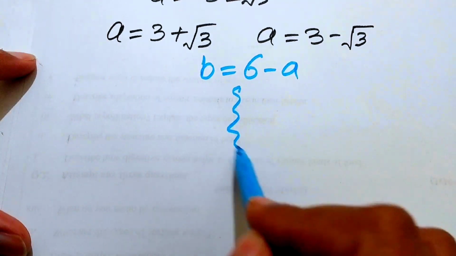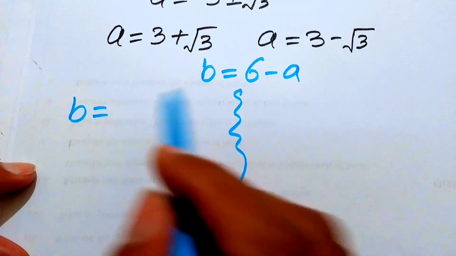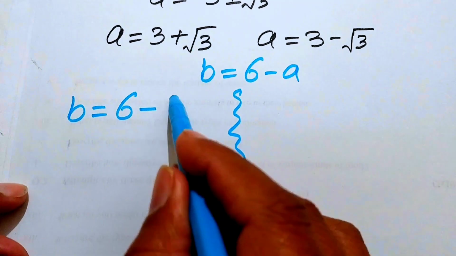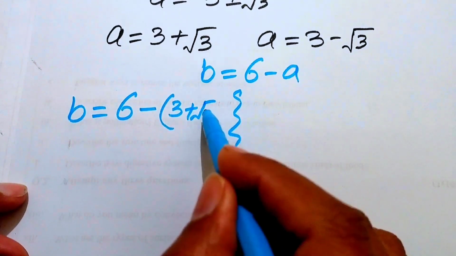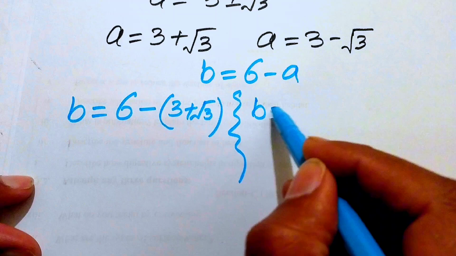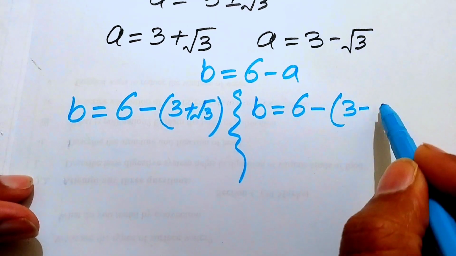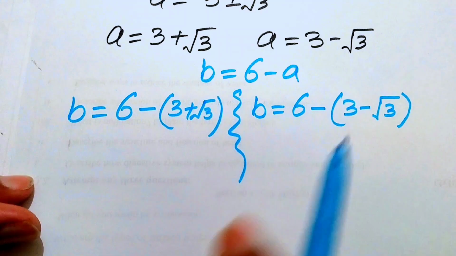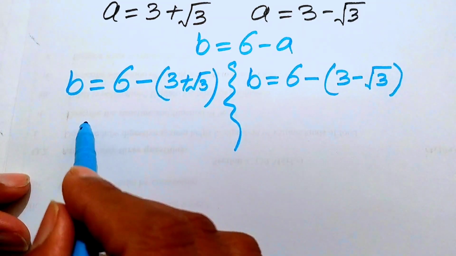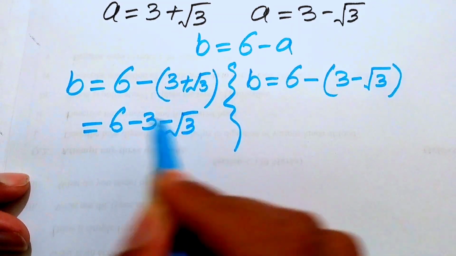We substitute both of these values of a in this equation. Here we have b equals 6 minus a, where the value of a is 3 plus square root of 3. We first put the positive value in this case, and we put the negative value in the other case. Now we multiply the negative sign on both of these terms and write it as 6 minus 3 minus square root of 3.